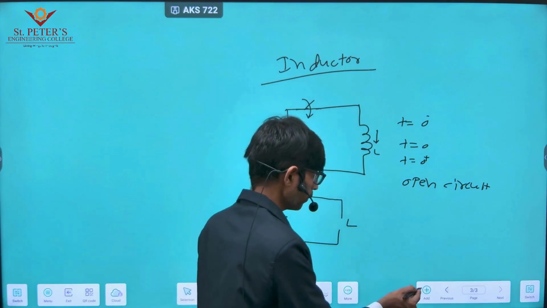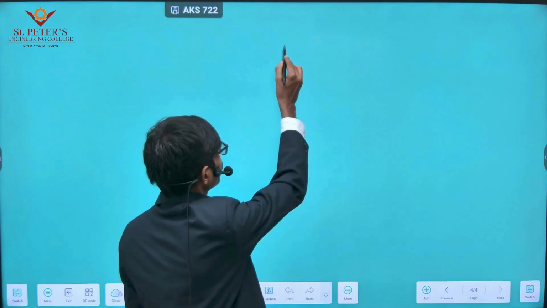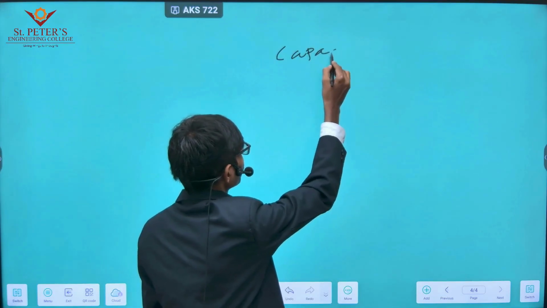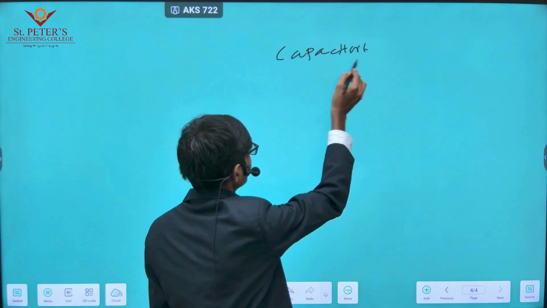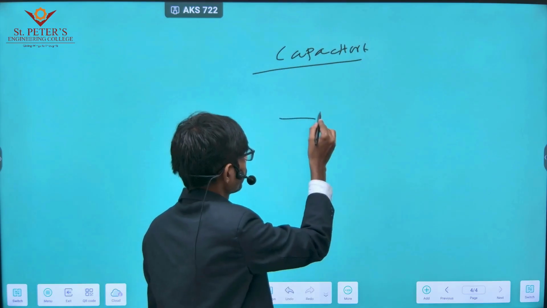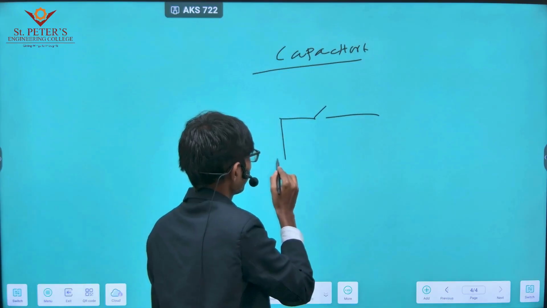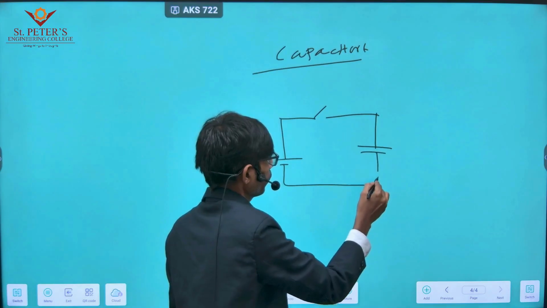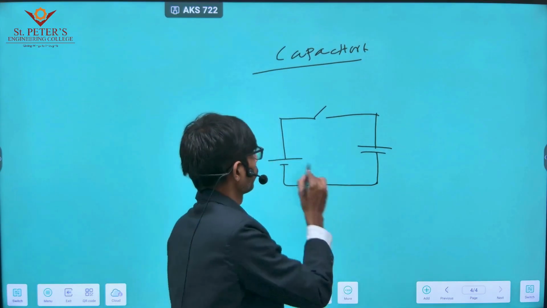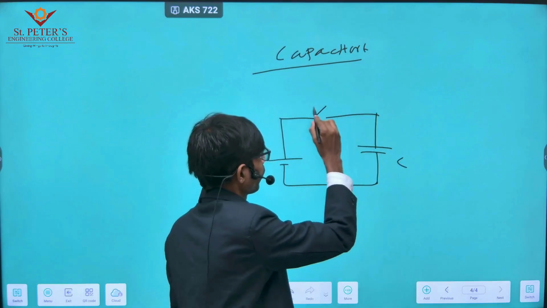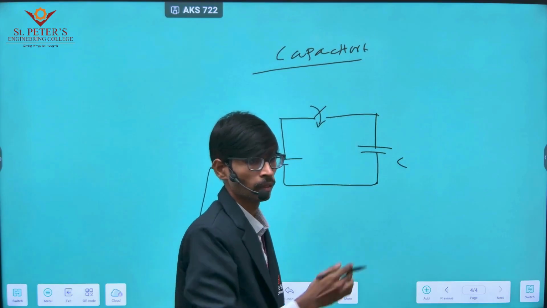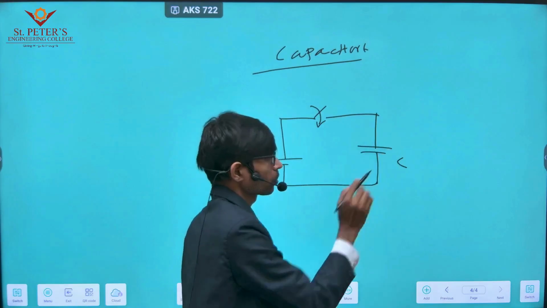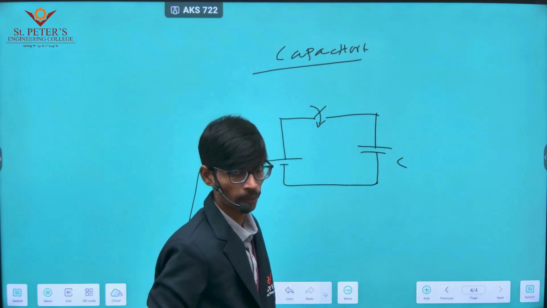In the same way, consider the initial condition for a capacitor. A switch is connected between a voltage source and a capacitor. Before switching, it acts as an open circuit because no voltage source is applied.